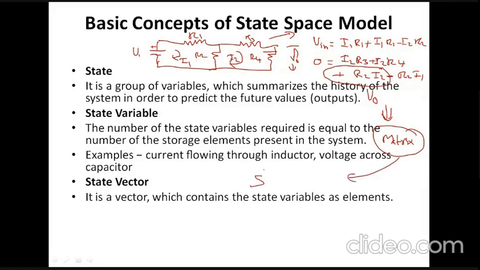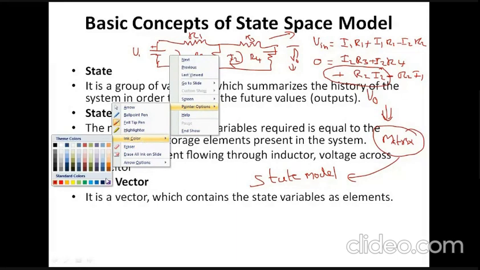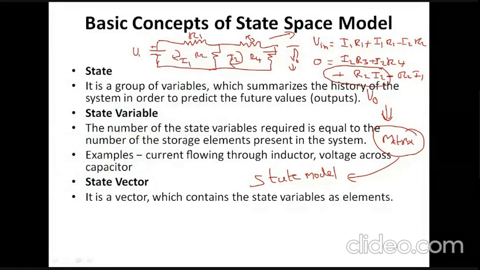Very simple concept: representing your given system in matrix form in terms of its own variables. If you observe this circuit, R1 is an element.